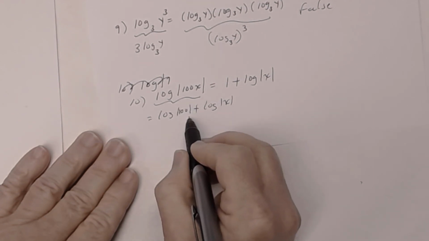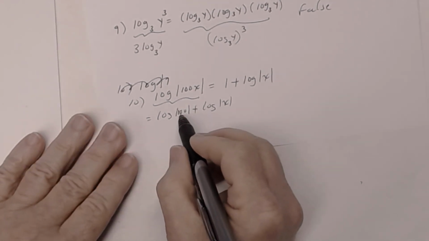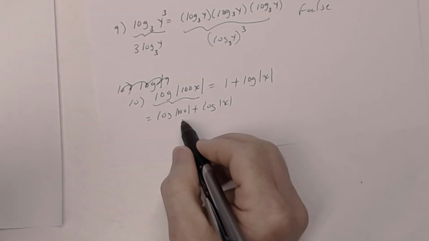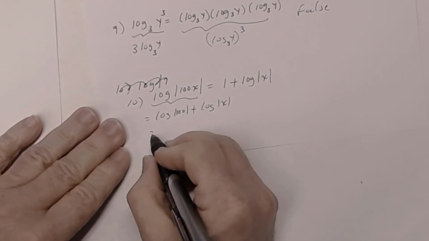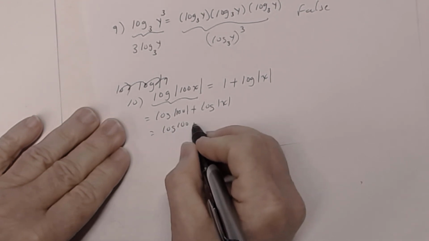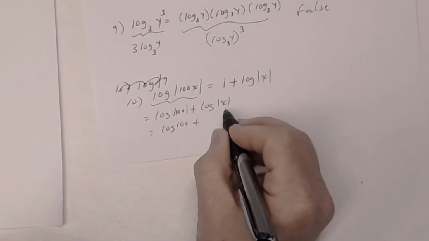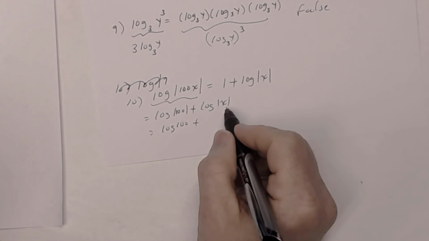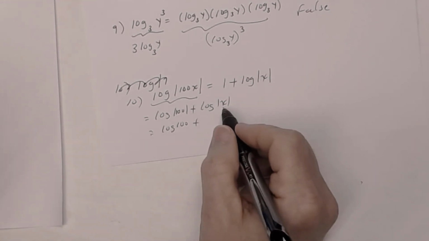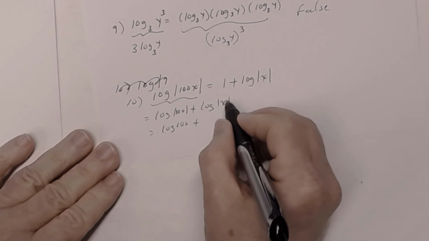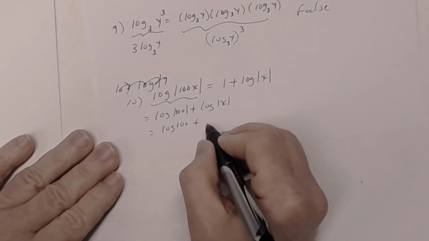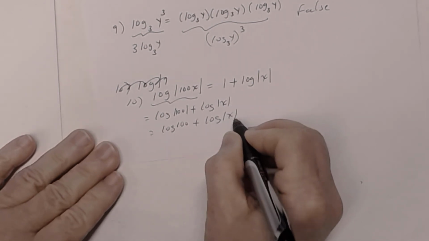Well, the absolute value of 100 is 100, because 100 is a number. So that becomes the log of 100 plus, now you've got to be careful here, the absolute value of x. Leave it as the absolute value of x because you don't know whether x is positive or negative here. So it'll be the log of the absolute value of x.